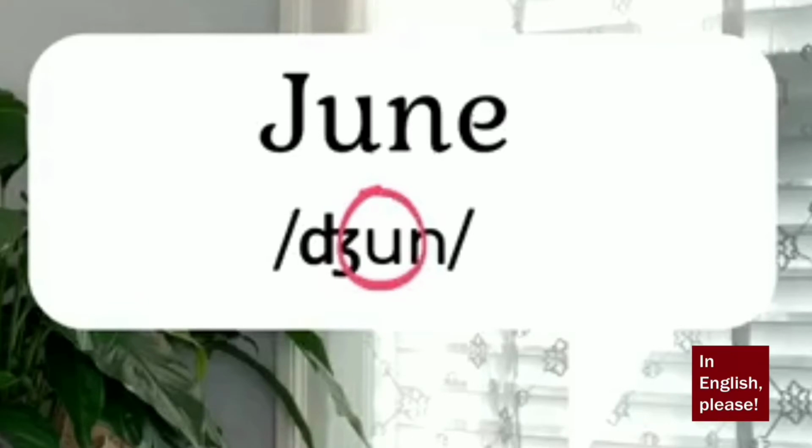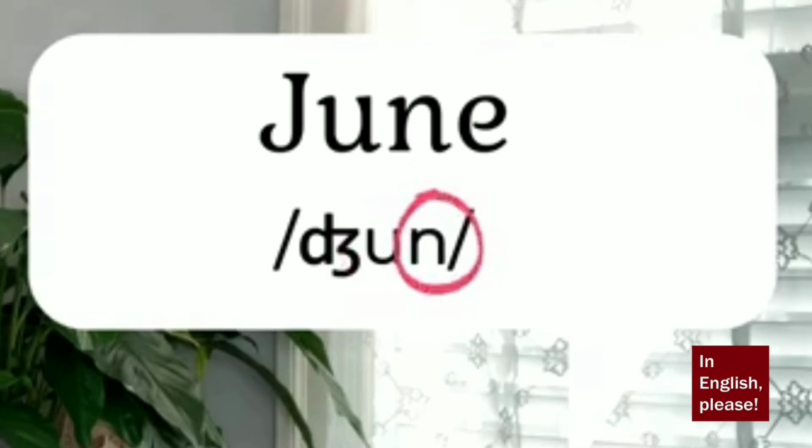June. My birthday is in June. Now that N at the end is like 2 beats. June, June, June.